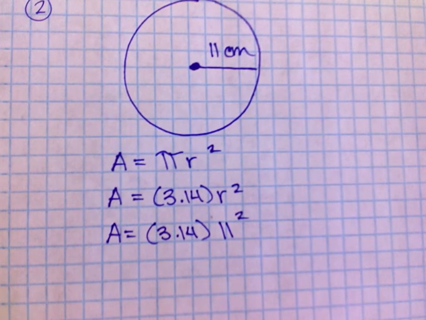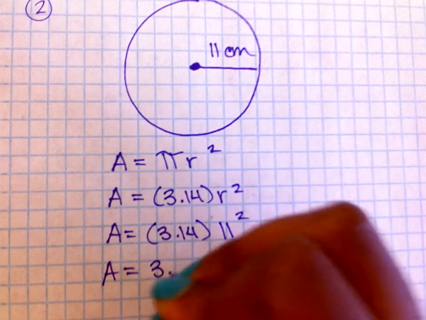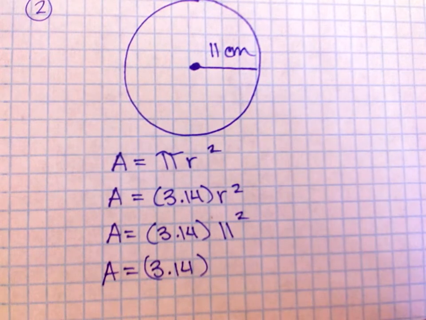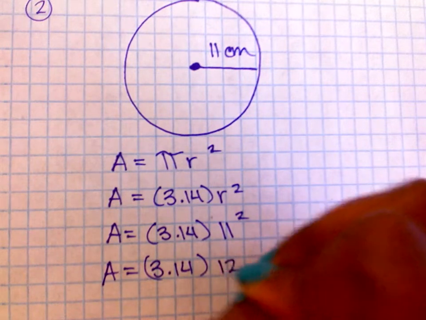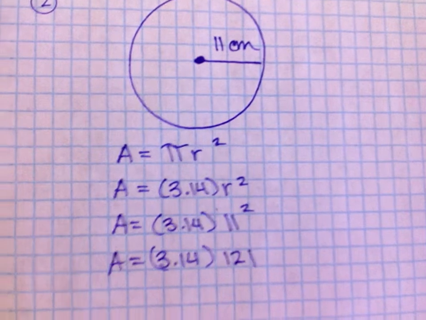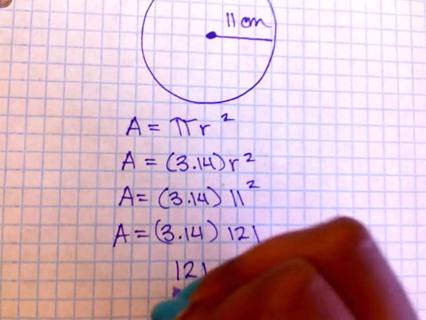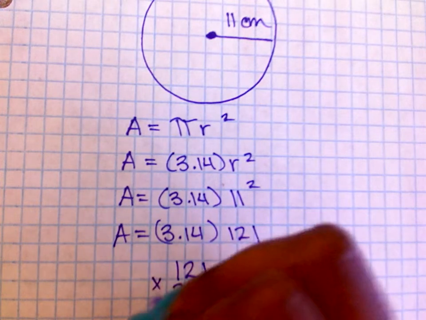If you're with me, say uh-huh. Alright, so then area equals 3.14, 11 squared, so 11 times 11, 121. And then you're going to multiply. So you're going to do 121 times 3.14.